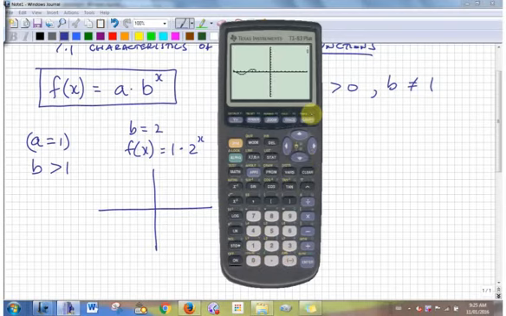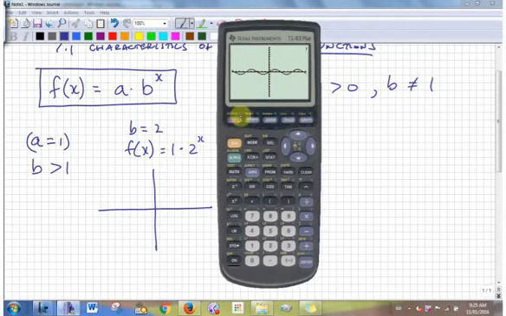If I'm nice, I'll say, well, check your window. That's not what I want to graph. Part of the expectation is you guys need to know how to work this thing. All right. Those I don't want anymore. I want to graph 2 to the power of x. And there it is.